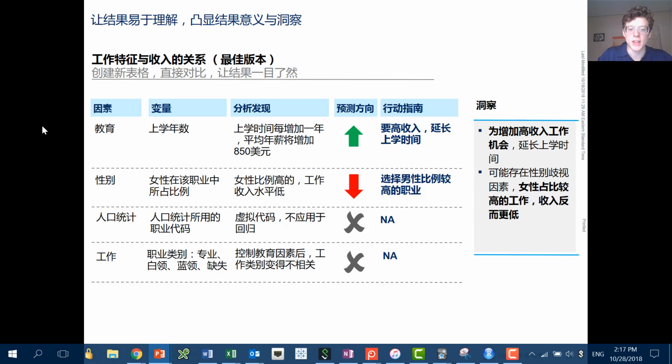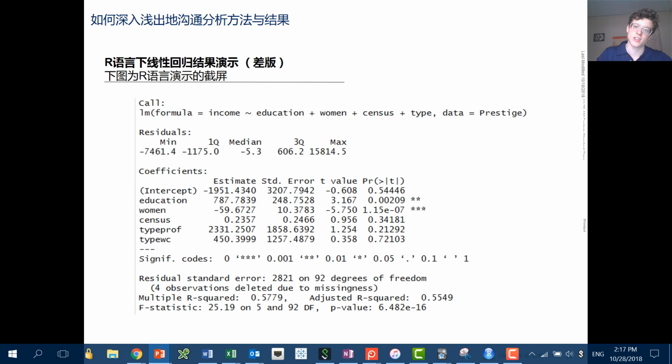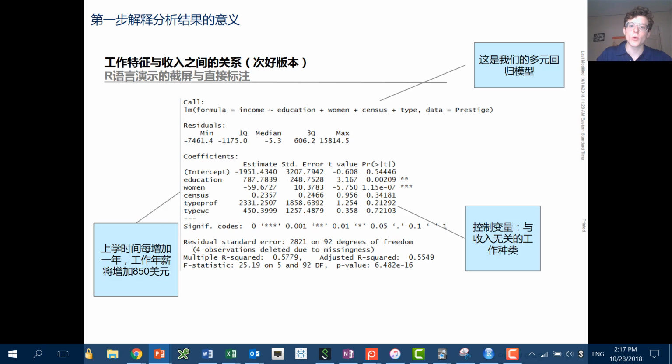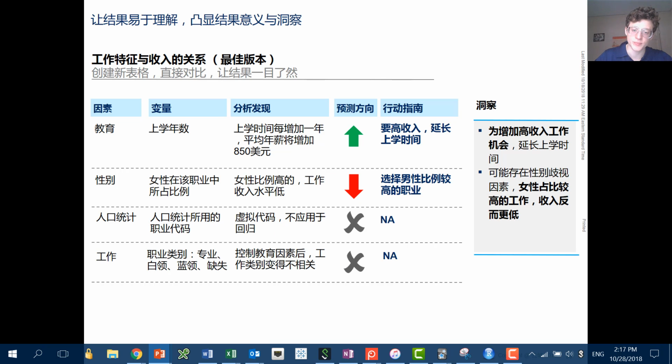So this is an example of a very visual slide that does not even use any numbers, but gets across a really easy and simple to understand message. And you can see why this would be easier to understand to someone than this, and much easier than this. So think back to the car mechanic analogy. When you're presenting analytical information, you want to explain why they care, what is happening, and what they need to do, and you don't need to dive too much into the details like I showed here.